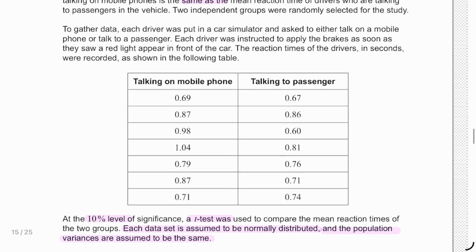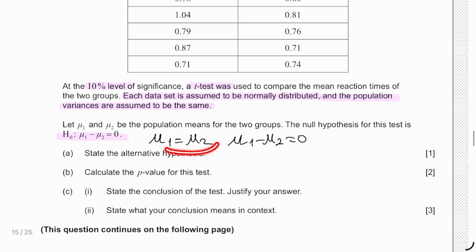So our alternative hypothesis will be they are not equal, right? So mu1 does not equal mu2. In other words, let's write in their format, right? Mu1 minus mu2, I send this one to the other side, does not equal 0. That's the case. This is our alternative hypothesis, H1.